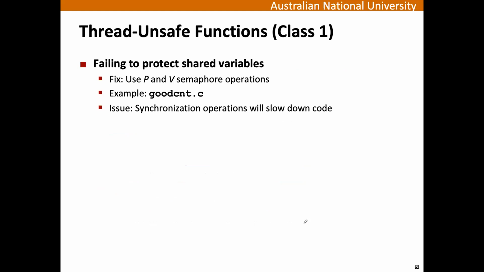So we've seen the example. If you don't protect shared variables, the function is not thread safe. The fix is easy. Well, it depends who you ask. Use P and V semaphore operations. The example is goodCount.c. One reason sometimes they don't use P and V operations is that these are system calls.